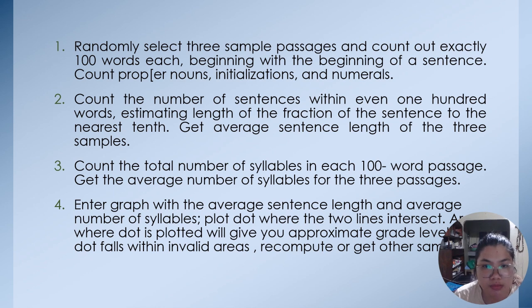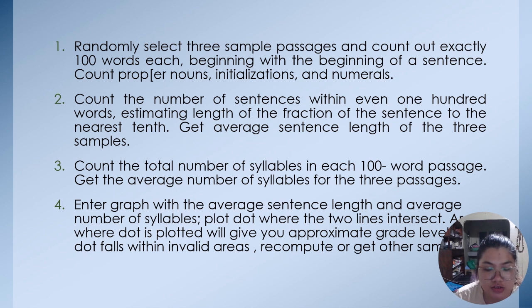Next is to count the number of sentences within 100 words, estimating the length of the fraction of the last sentence to the nearest tenth. Get the average sentence length of the 3 samples. This procedure is simple since you just go through the passage and look for sentences ending with a period, question mark, or exclamation point.